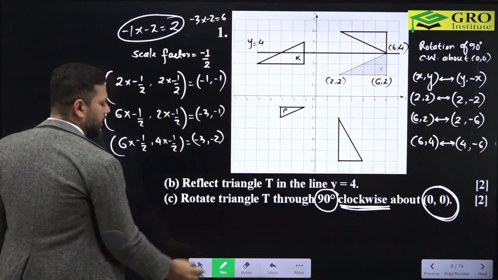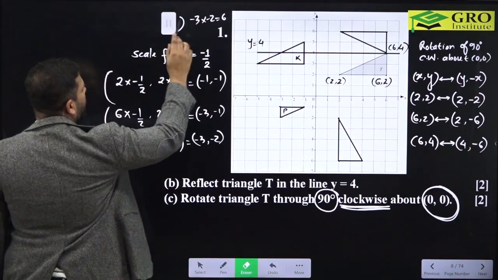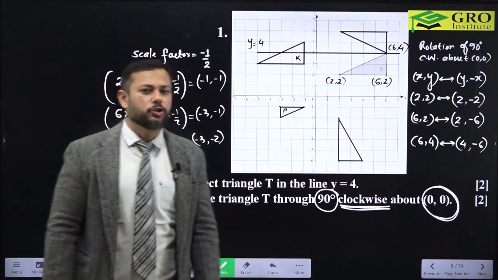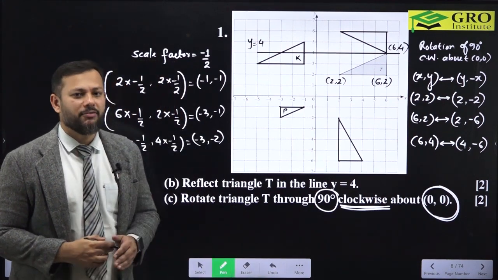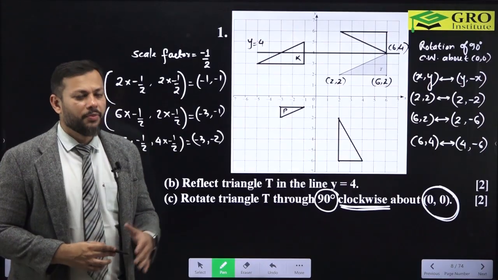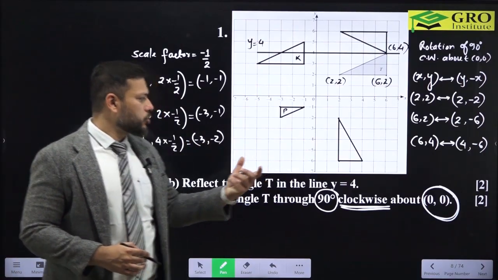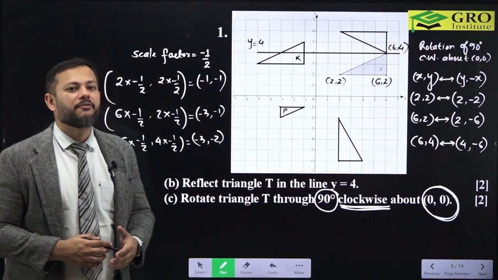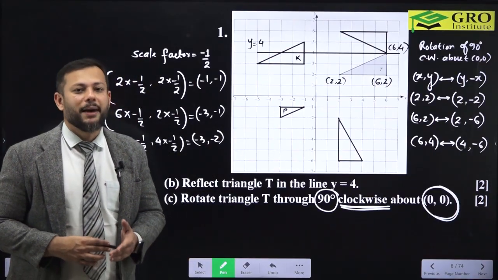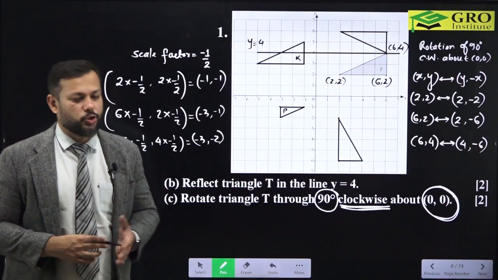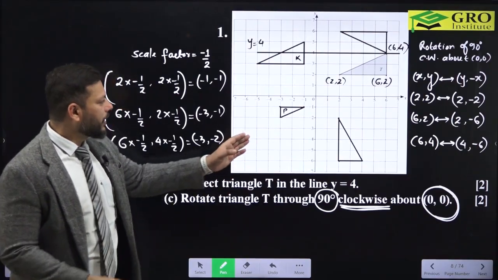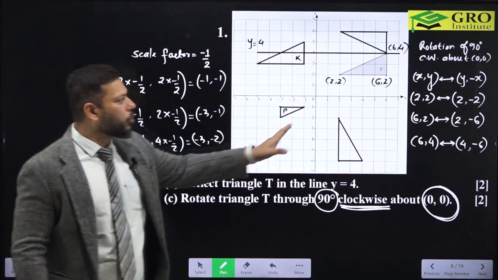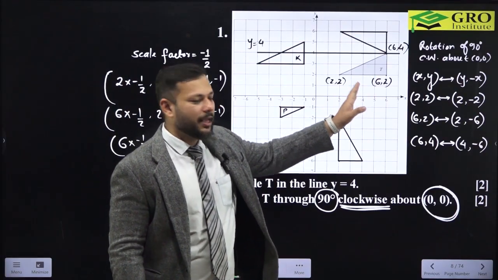That only will give me 6. So the enlargement had the scale factor of minus 1 by 2, and the new mapping from P to T will be when we enlarge it by the scale factor minus 2, because when I multiply the coordinates of triangle P with minus 2 each, I will get back the coordinates of the triangle T.